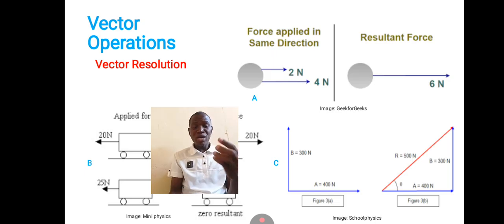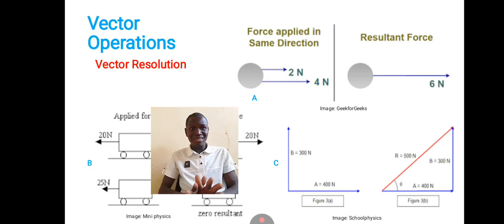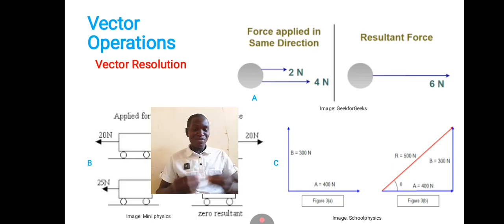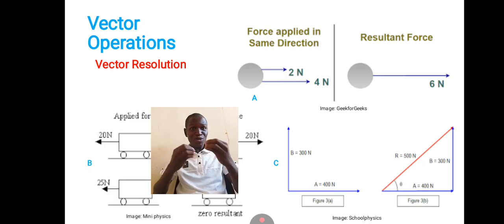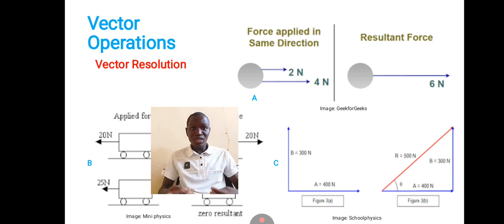Don't be surprised to see this question, no? Yes. They may not even show the image. That's one thing you should be smart at. I always like smart students. They will say, two forces acting on an object in the same direction with force F1 equal to 5 Newton, force F2, 10 Newton.